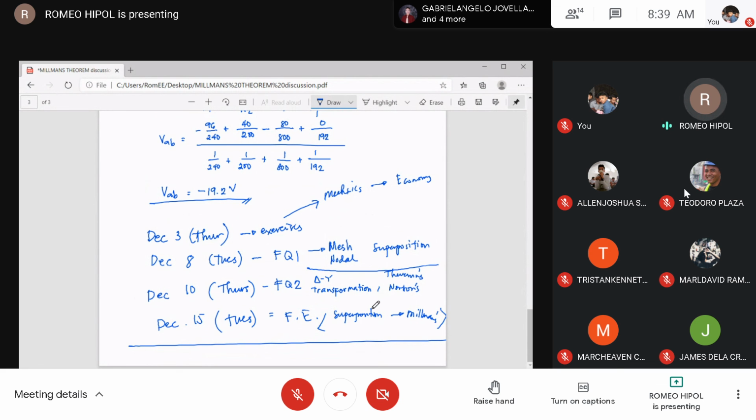So sa final exam, i-allow ko lang kayo magkaroon ng formula sa one whole short band paper lang. So, formula lang, walang solution. Ako ha? Pero sa final exam na yun.